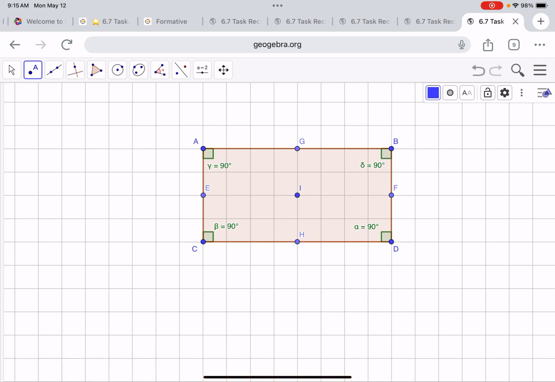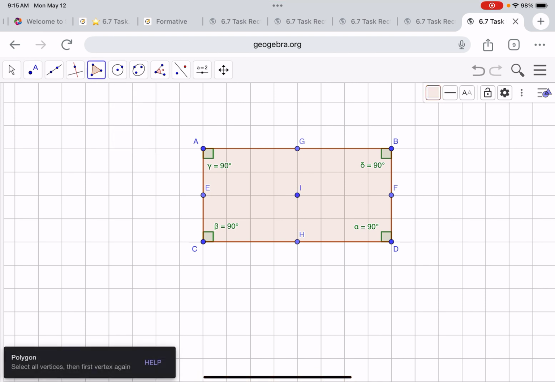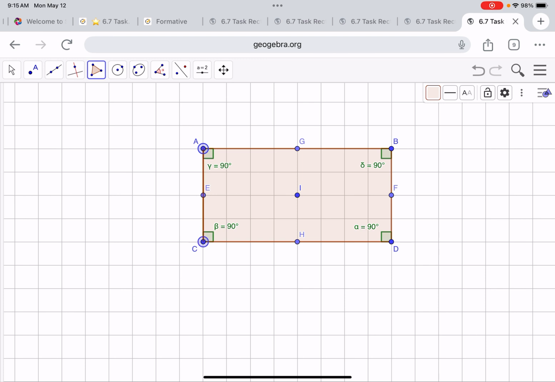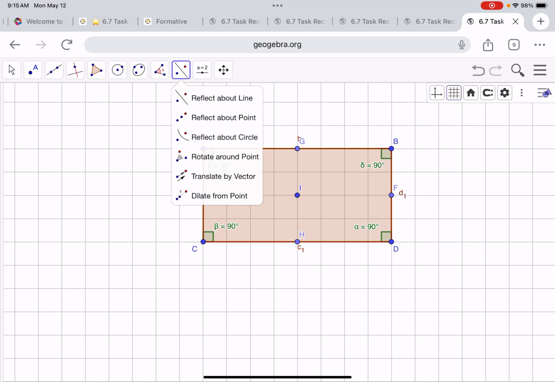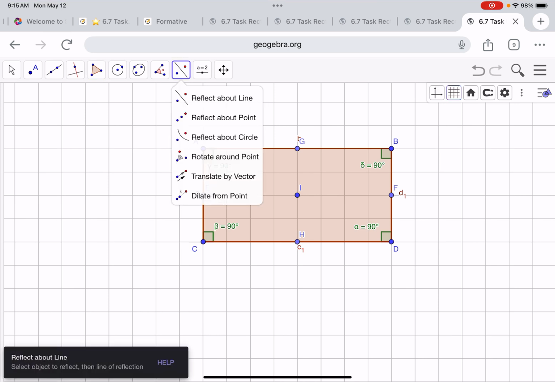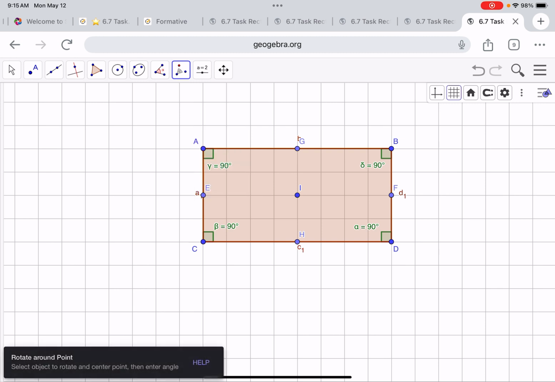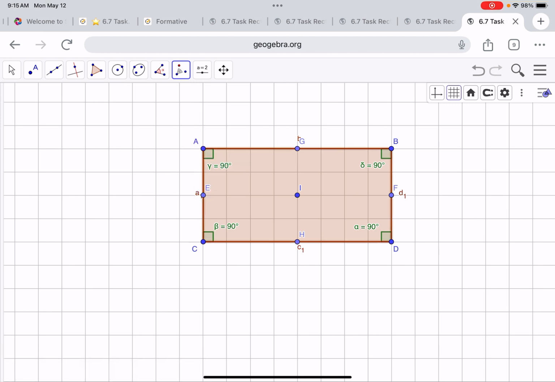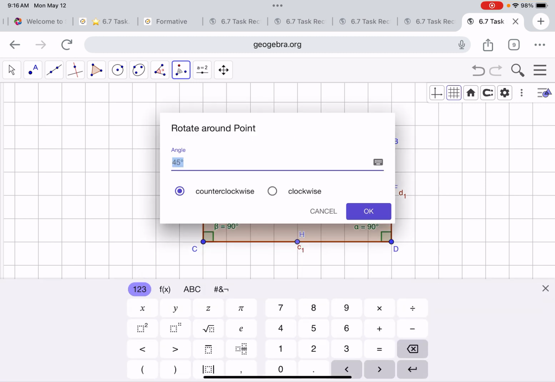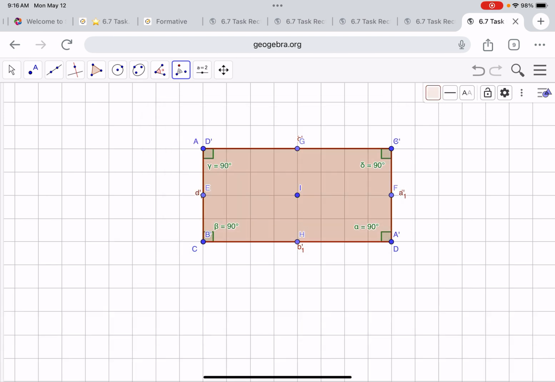There's the center point, polygon, A, C, D, B, back to A, rotate around point, select polygon, click on it, click on the point, and we're going 180. So now you can see that there is an A prime where angle D is, and there's a D prime where angle A is. So that proves that we rotated at 180 and that those angles landed on each other. That's another way to show it.